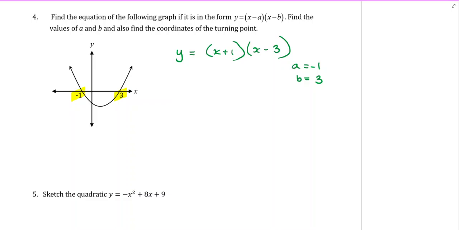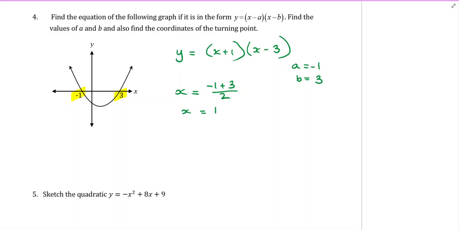Now we need to find the turning point. Because I haven't got an expanded equation, I'm going to use the axis of symmetry formula. Actually, sorry, not. I've got the intercepts. So instead, I'm going to use the intercepts to find the x value. So x is going to be equal to, I'm going to average my values, which is minus 1 plus 3 over 2.